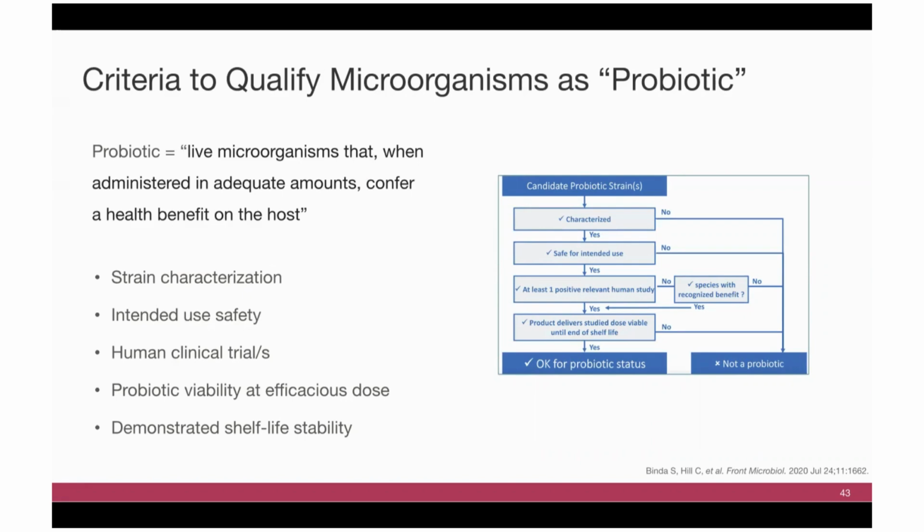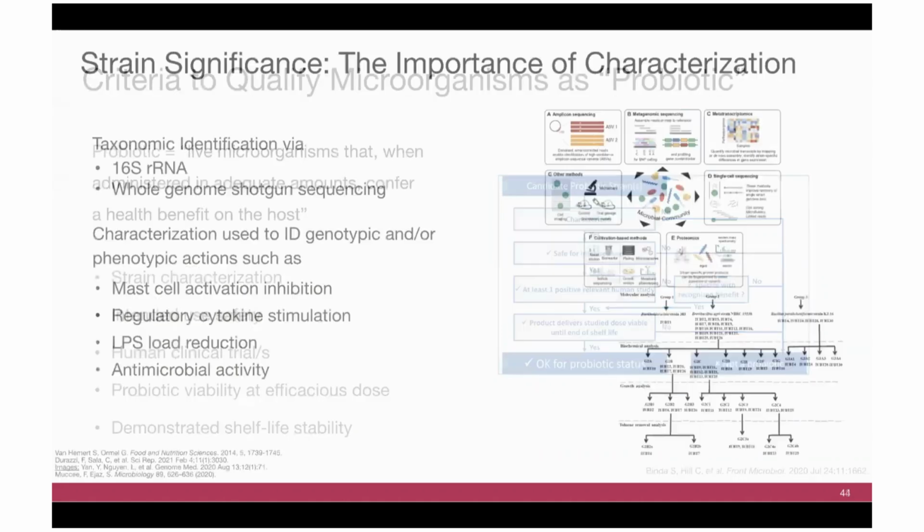It is safe for consumption. And there is a focus on human clinical trials showing efficacy at the dosage that's being recommended. And then they also evaluate things like shelf life stability and, again, coming back to shelf life stability on the dosage that was seen to be beneficial in those human trials.